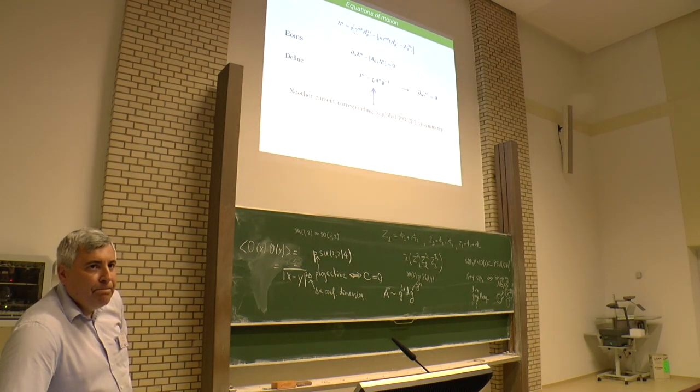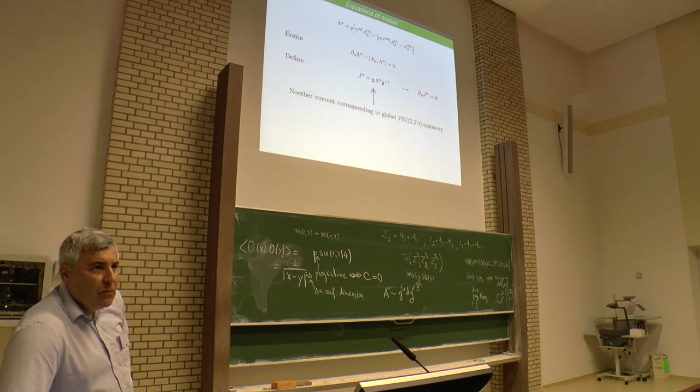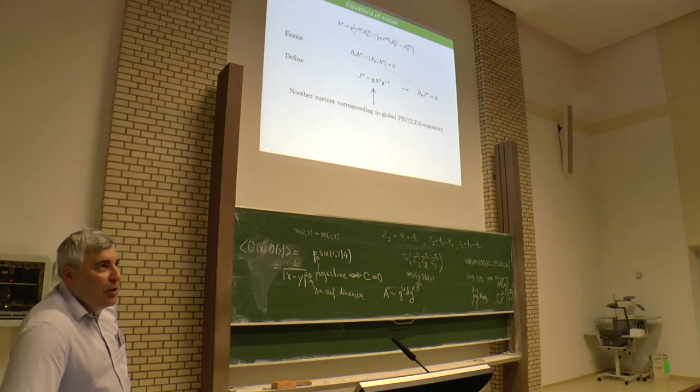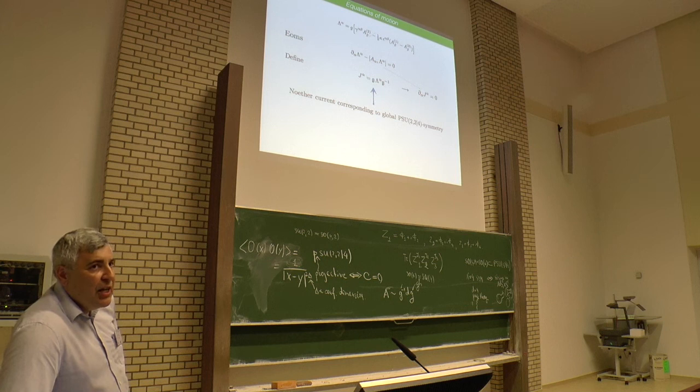The spin chain picture in the gauge theory only holds in the planar limit. Beyond the planar limit, you cannot stay with one spin chain anymore.